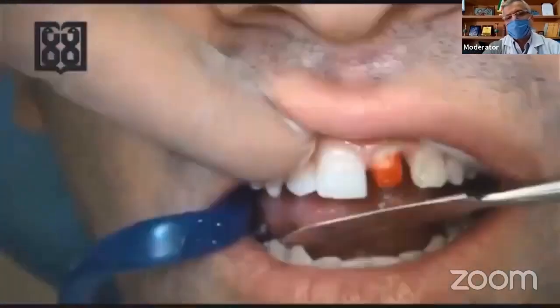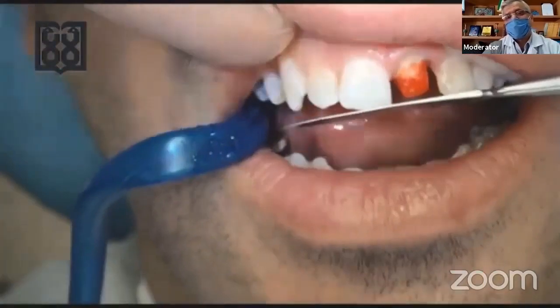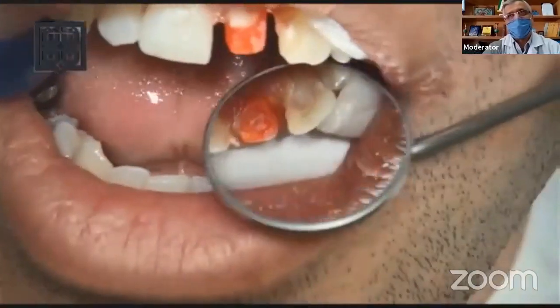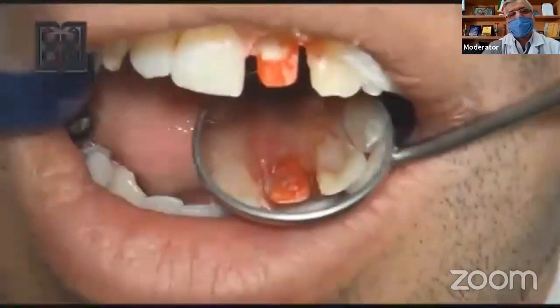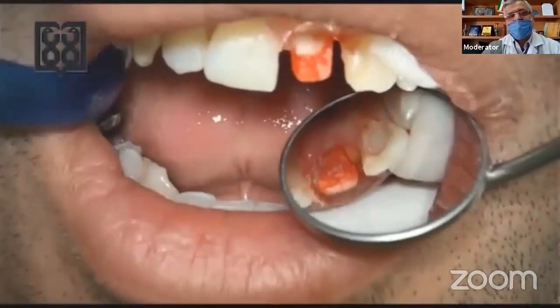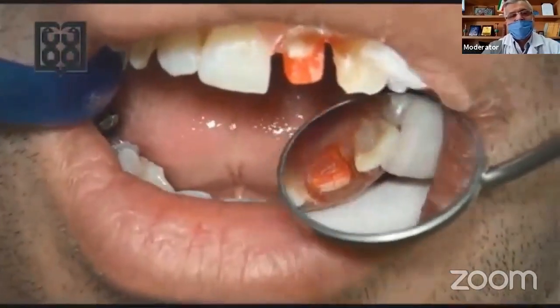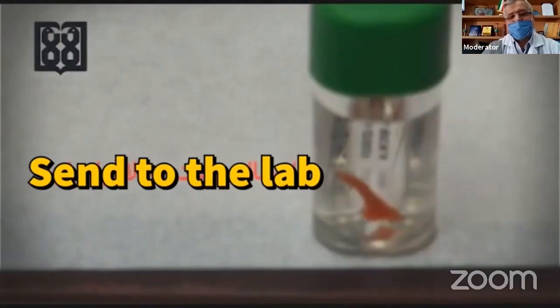It must be checked from the occlusal surface and also the palatal surface, and the distance from opposite teeth. And now it's ready to send to the lab.